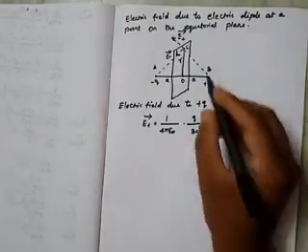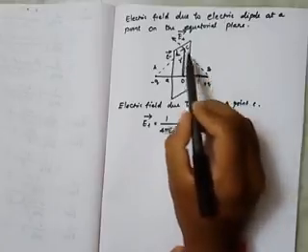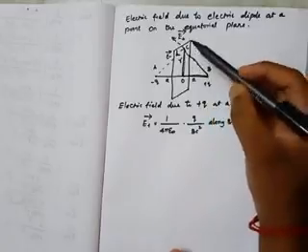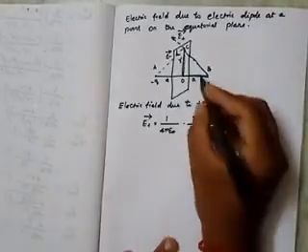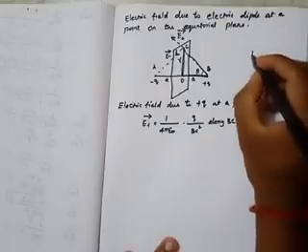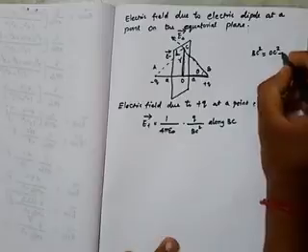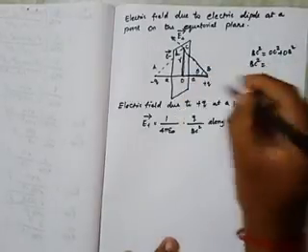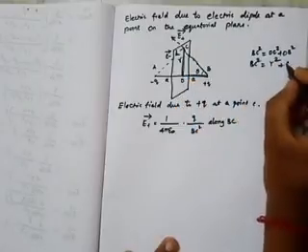Next step, what is BC? By using the Pythagoras theorem, we consider the triangle CBO, where the angle is theta, and we can calculate the value of BC square. BC square is equal to OC square plus OB square, that is r square plus a square.